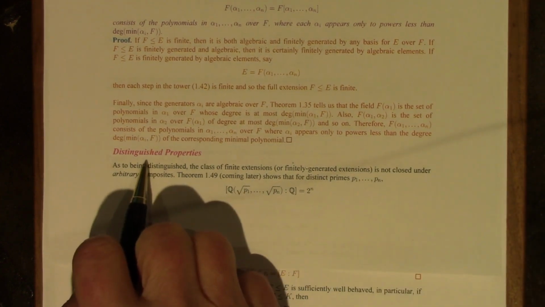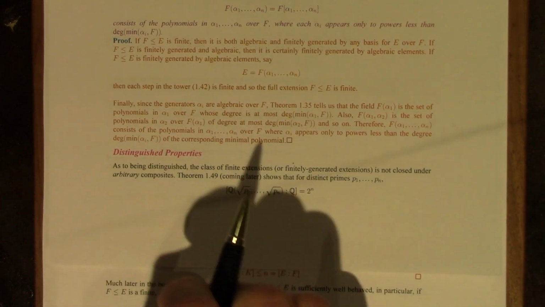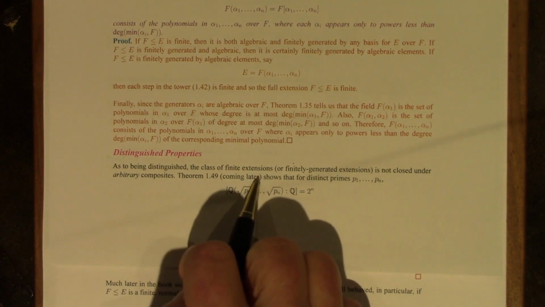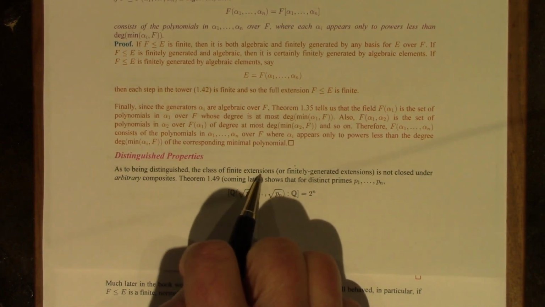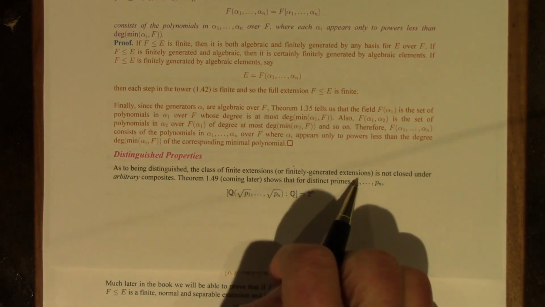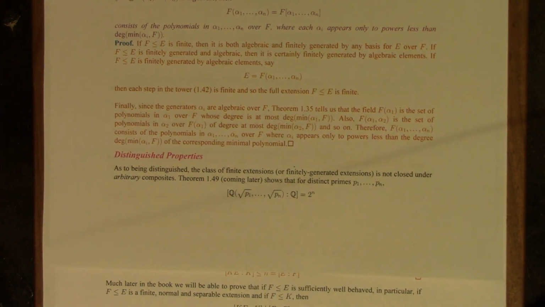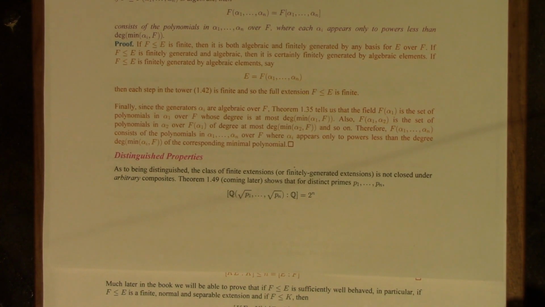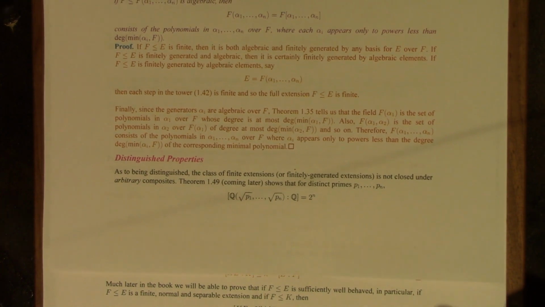As for the distinguished properties, the class of finite extensions, or the class of finitely generated extensions, is not closed under arbitrary composites. That shouldn't be too surprising. If you're allowed arbitrary composites, you're not going to be able to maintain finiteness.